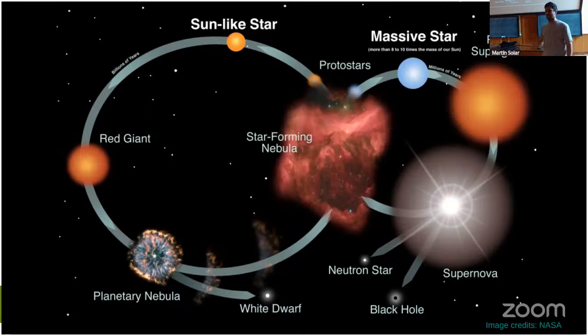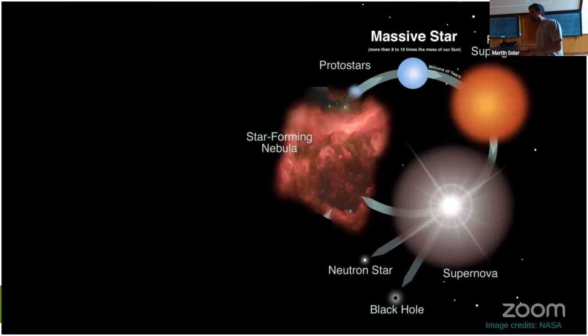And a star like our Sun eventually formed here and evolved as a red giant, expanded as a planetary nebula, and left a white dwarf in the center. Unfortunately, I'm not going to focus on low mass stars, but on massive stars.